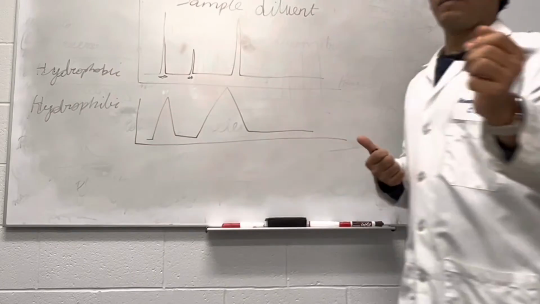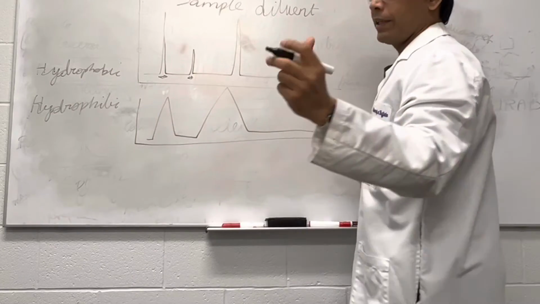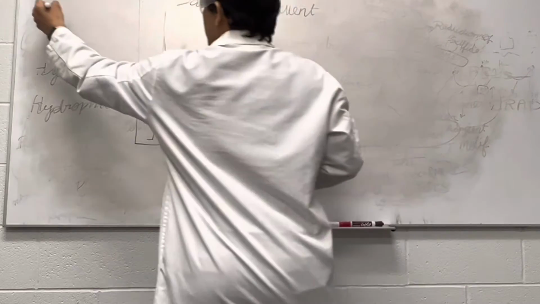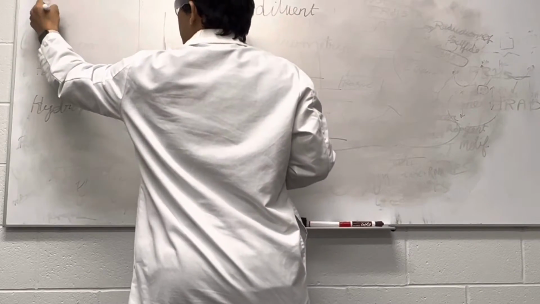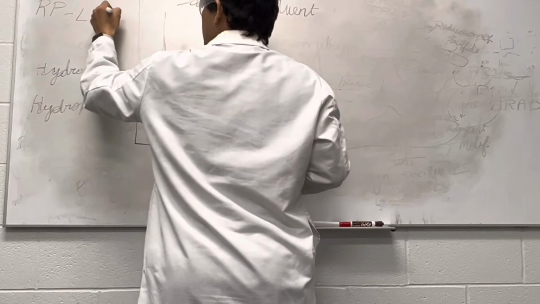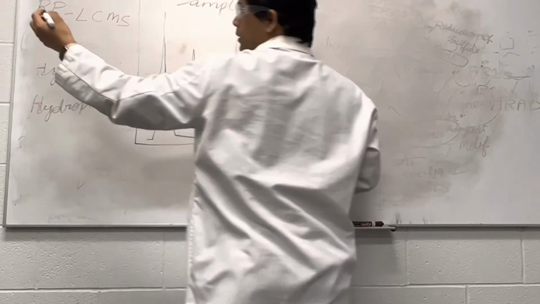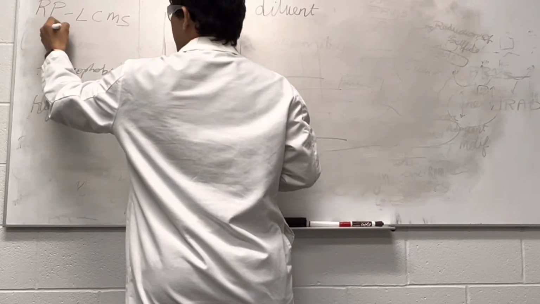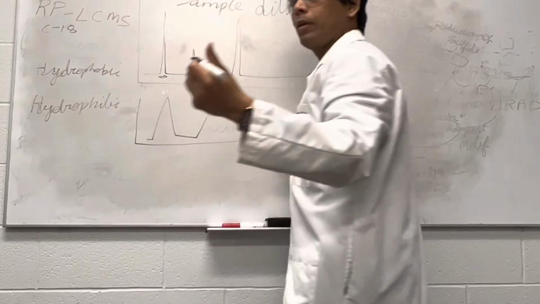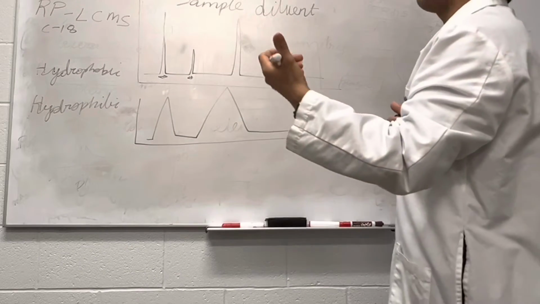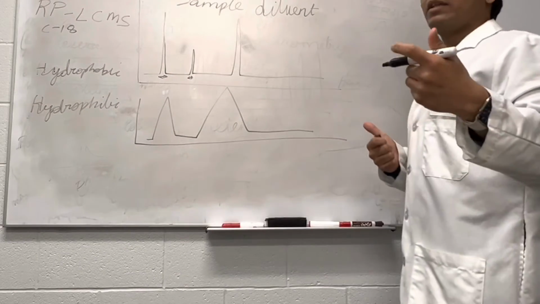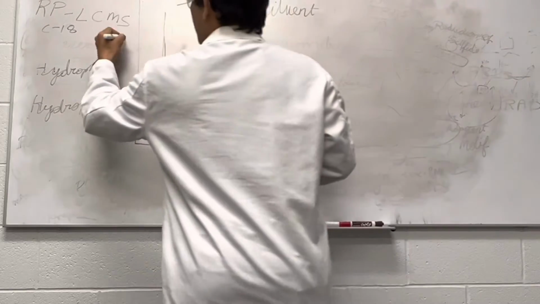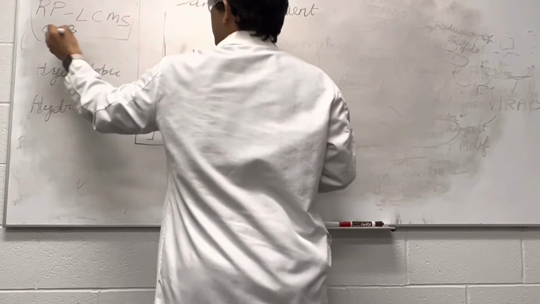At this moment we are considering a single case, that is reverse phase chromatography, reverse phase LCMS. The most commonly used column in this is C18. The more specific we are, the more useful it will be for the users. So we are talking about reverse phase LCMS and C18.